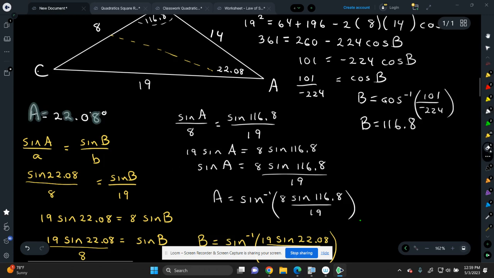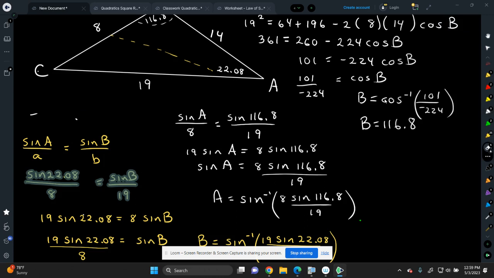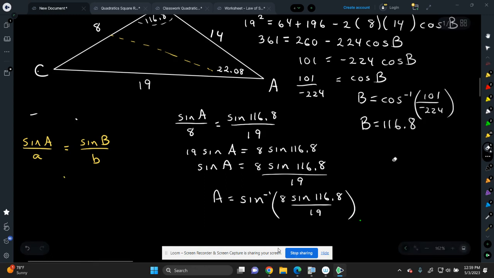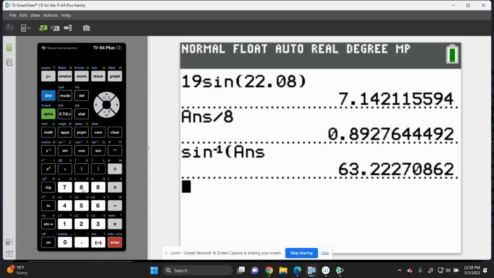Okay, let's get rid of all this stuff. And then we'll do that on our calculator. Okay, so we're looking at 8 sine 116.8.